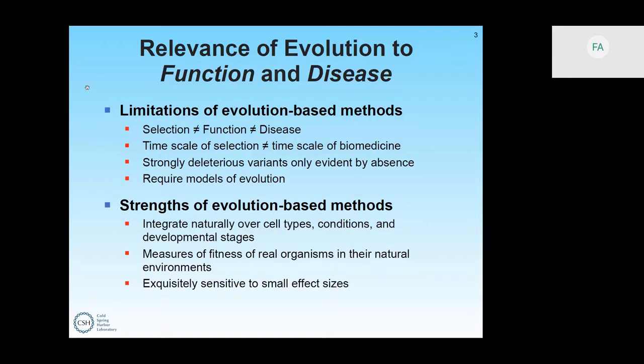It's just that we haven't tested those conditions properly in the reporter assay. And the other thing that I think is important about these methods is they're exquisitely sensitive to small effect sizes. So over many generations of evolution, you get this amplifying effect of effect size, so that effect sizes much less than 1% can still be very easily detectable in terms of patterns of genetic variation.